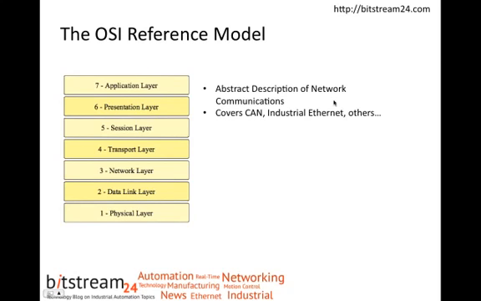The Open Systems Interconnection Reference Model, or OSI model for short, is a layered, abstract description for communications and computer network protocol design. The model describes and standardizes the data transfer between networked devices in an open architecture.